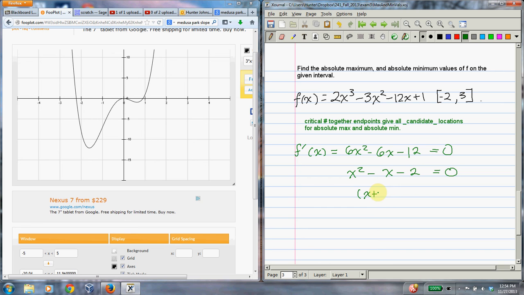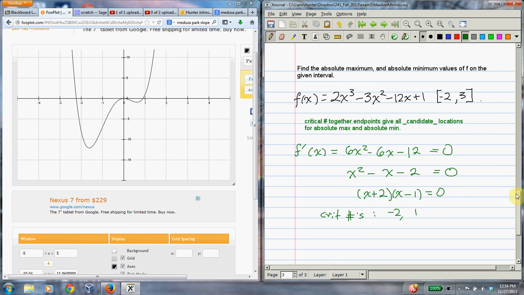So x plus 2 and x minus 1 equals 0, and that means the critical numbers are negative 2 and negative 1. Oh, sorry, I made a mistake. Which one of these is supposed to be negative? Negative 1. So that means that positive 1 is the solution.